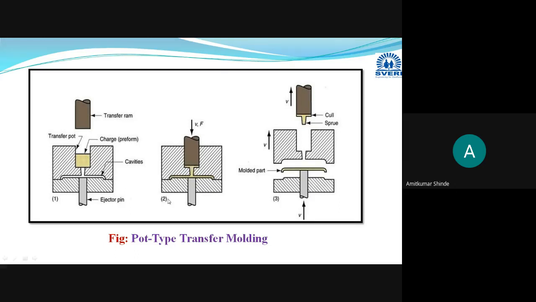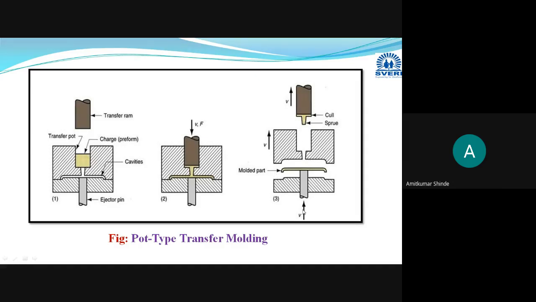Then in the second stage, the mold is closed. Mold is in closed position. Then the curing will occur, which means the thermosetting material will get solidified and acquire the shape of the cavity.